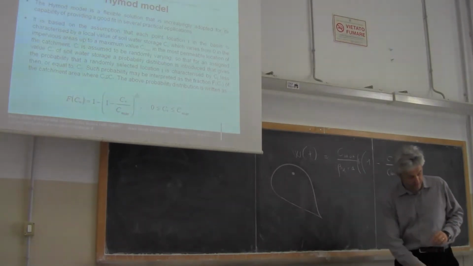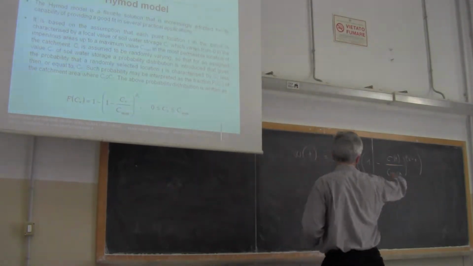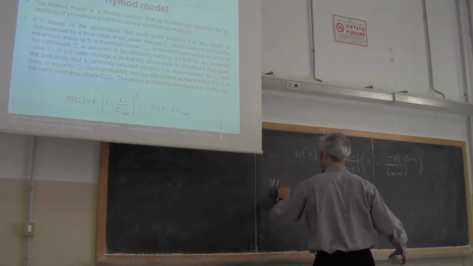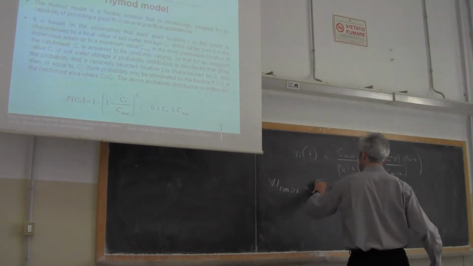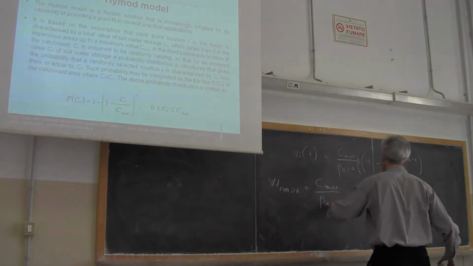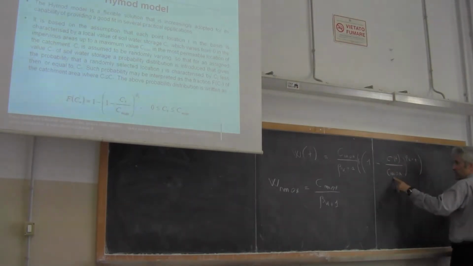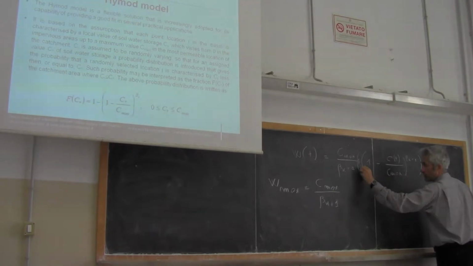So let's suppose that I equate Ct with Cmax, and then I can say that Wmax is equal to Cmax divided by beta k plus 1, and that's it, because when Ct is identical to Cmax, we have 0 inside here. 0 to any exponent is just 0, and therefore here only 1 remains.